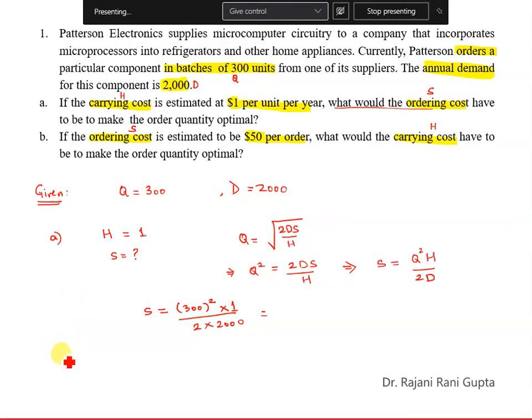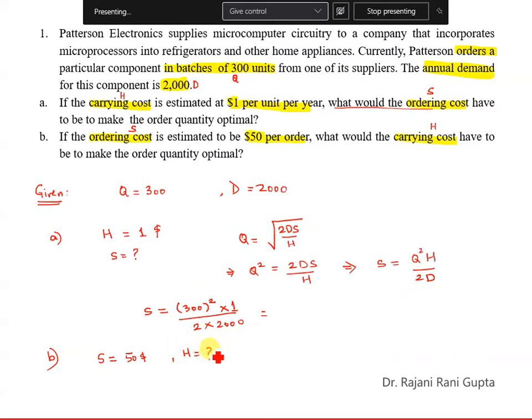Now let's see part B. In part B, what is given? S is given, which is $50 per order. So what will be the carrying cost?